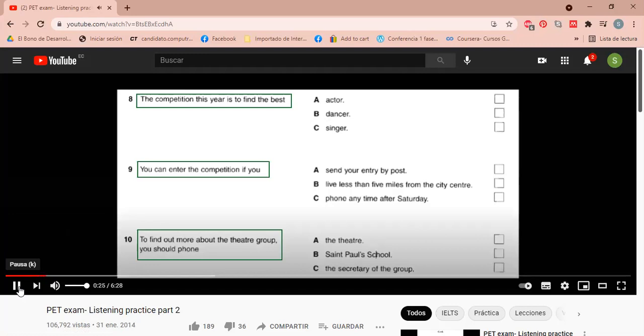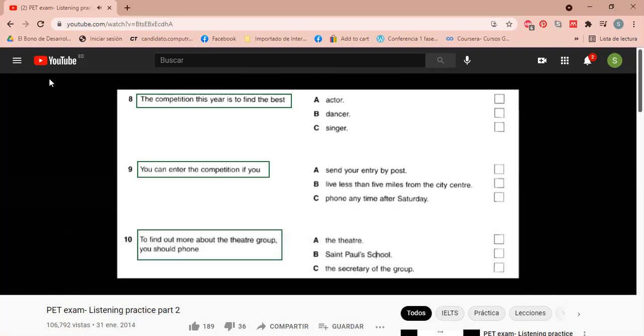Welcome. Jenny and I have got lots to tell you, haven't we, Jenny? That's right. This week on Saturday night, Westfield Radio runs its annual competition. What's it for, Jenny? Well, last year it was to find the best dancer, and next year it will be the turn of local actors to enter. But this year, we're looking for the best singer in our city.